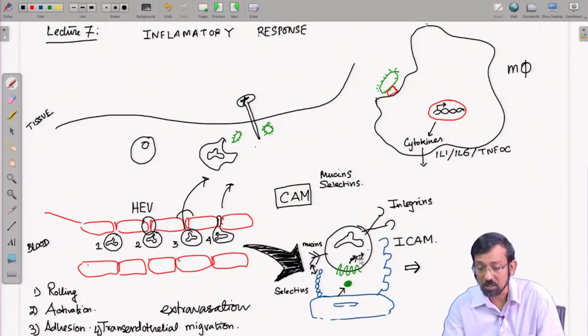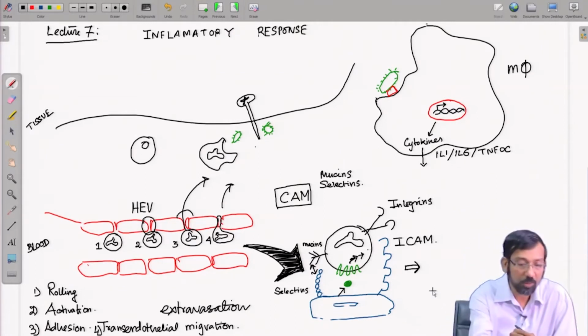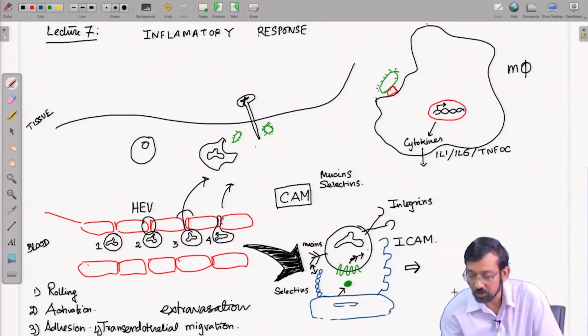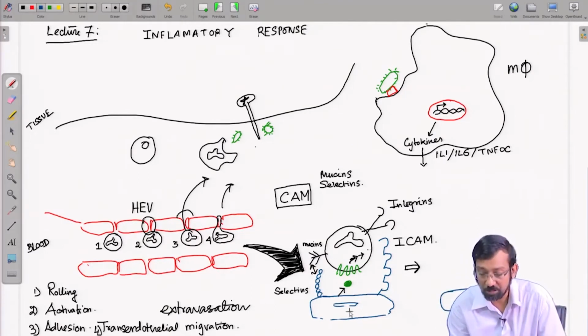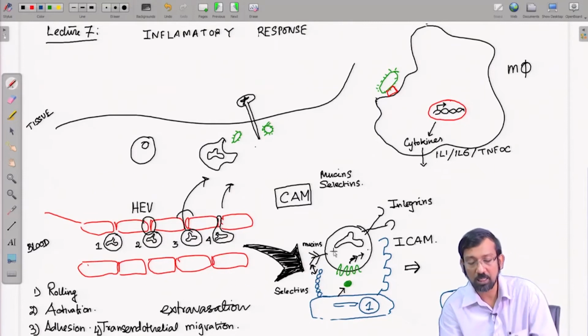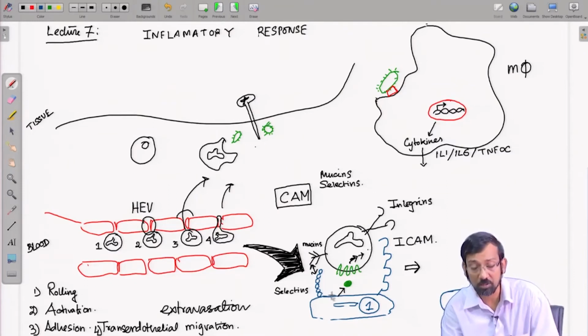Now if we look into the next step, that is the activation step. This step here describes the first step, or the rolling step. It is only binding of the selectin to the mucin; the cell has just anchored on the endothelial cells by the selectin-mucin interaction.